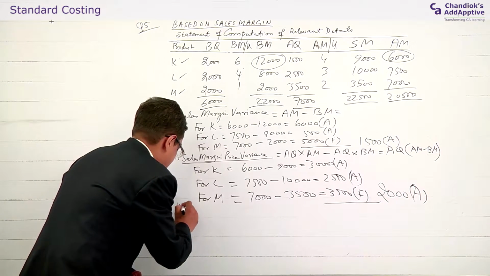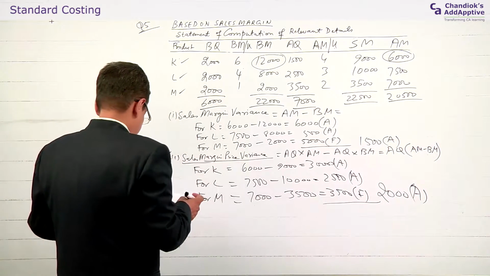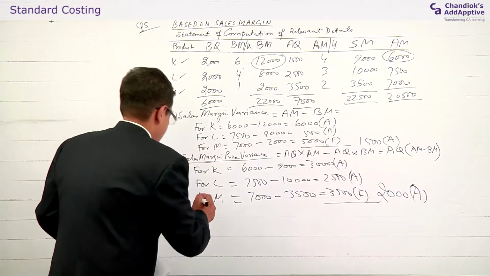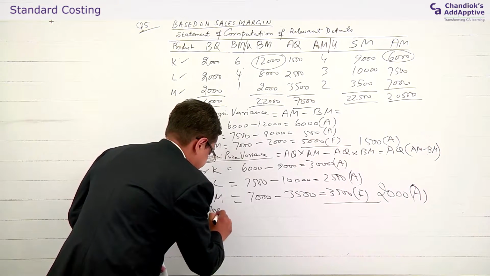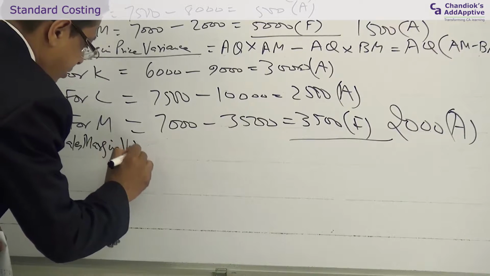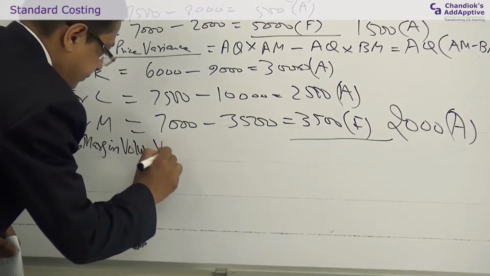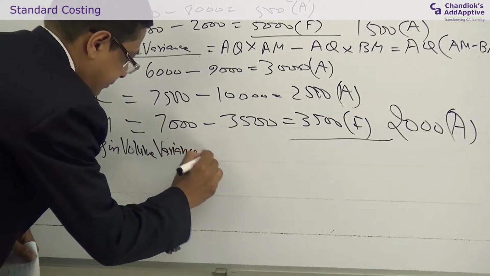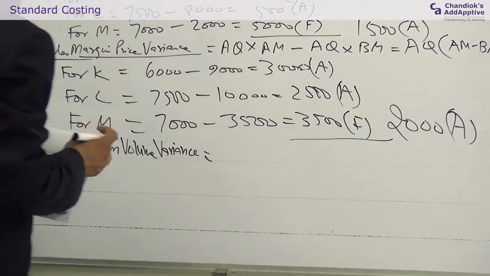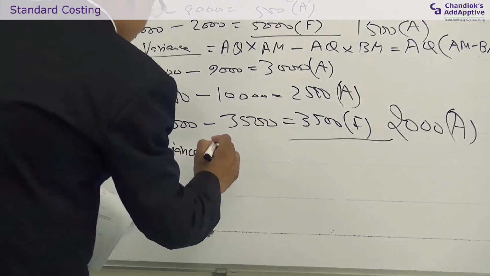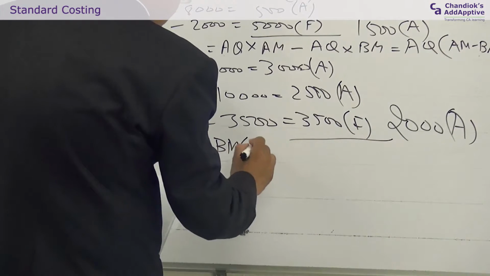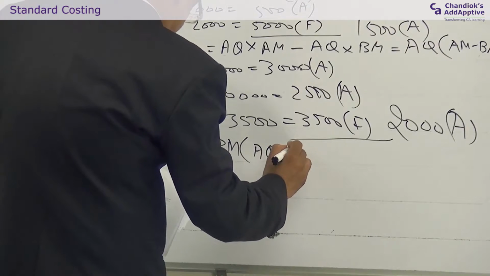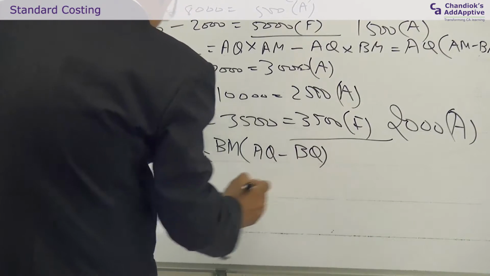Likewise, we have to compute the third variance, which is sales margin volume variance. This is in terms of formula budgeted margin multiplied by actual quantity minus budgeted quantity.